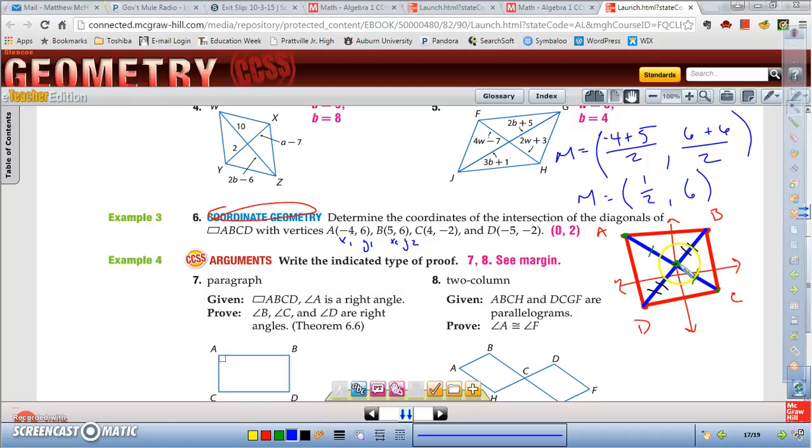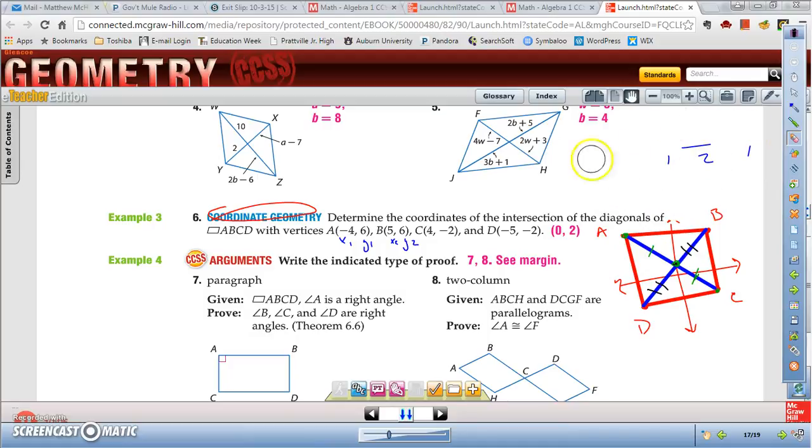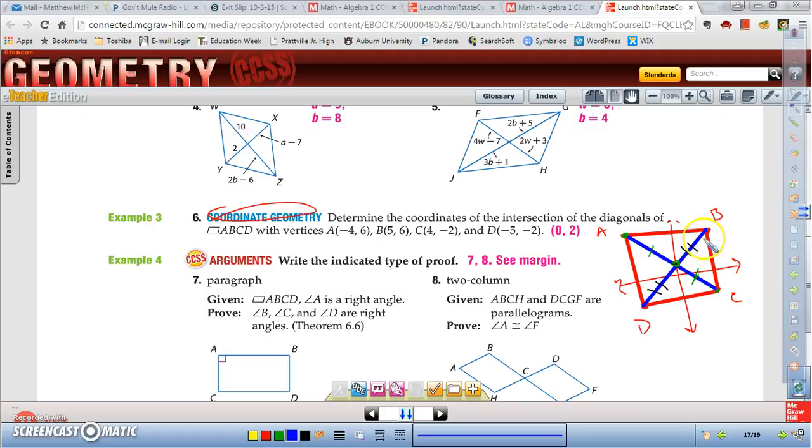And if I know that this is true, that this point splits AC into two congruent pieces, and it also splits BD into two congruent pieces, then I can say that this is the midpoint of A to C, or I can say that this is the midpoint of segment BD. So you kind of have your pick here. You can either find the midpoint between A and C, or find the midpoint between B and D. Doesn't really matter. I'm going to use A and C here and find the midpoint between them.